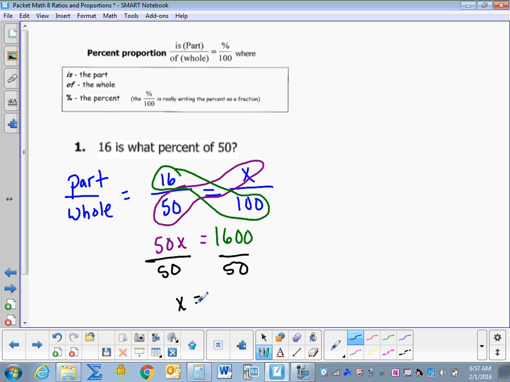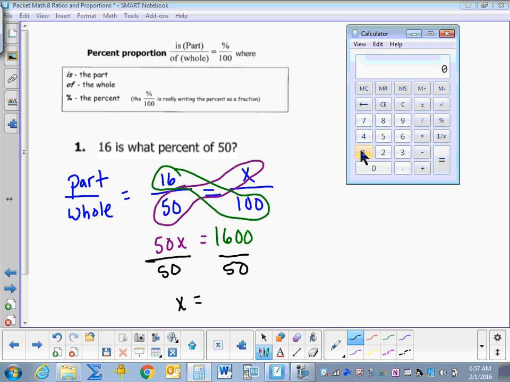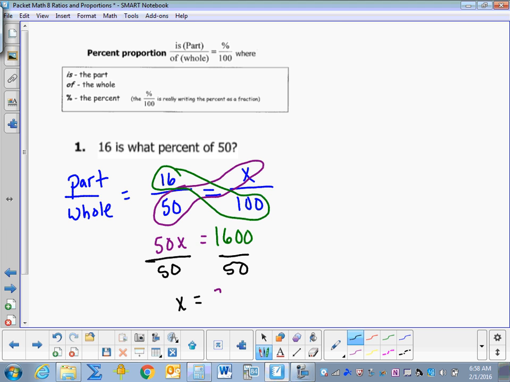And x is equal to 1600 divided by 50, which is 32. So 16 out of 50 is 32%.